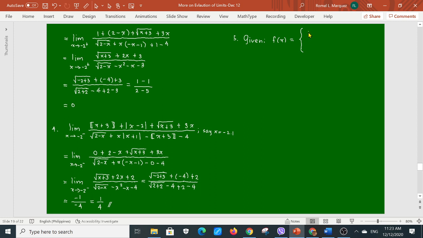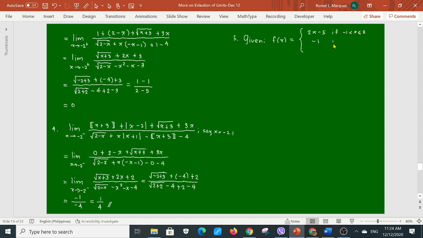It is equal to 2x minus 5 if x is between negative 1 and positive 2, including 2.